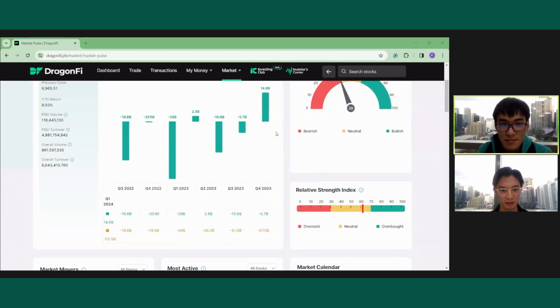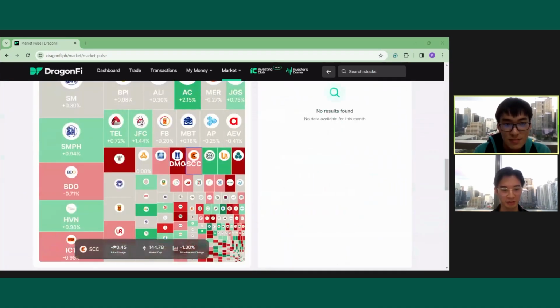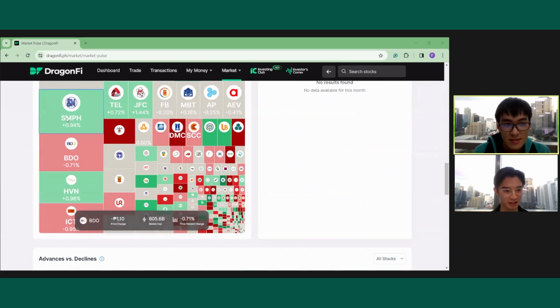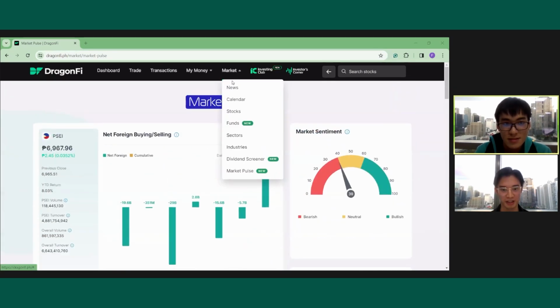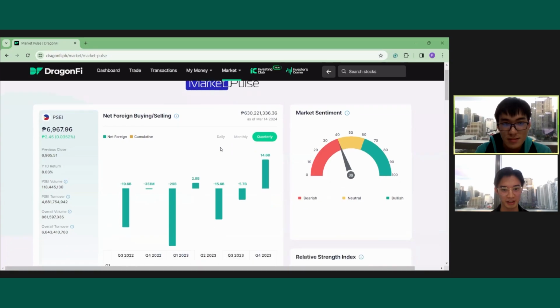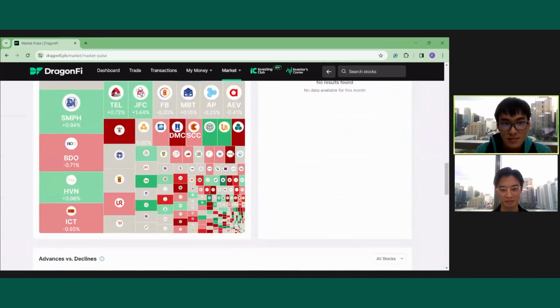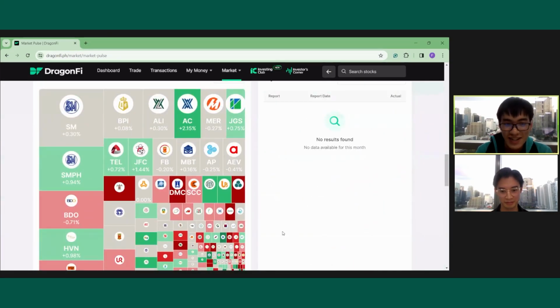And if you scroll to the very bottom, you'll see the heat map. And there you go. You can see like SMPH is up 30 cents as of today. Yeah, so all you have to do is go to Market and then click on Market Pulse and then the heat map. Yep. Okay. Hope that answers your question. So let's continue.